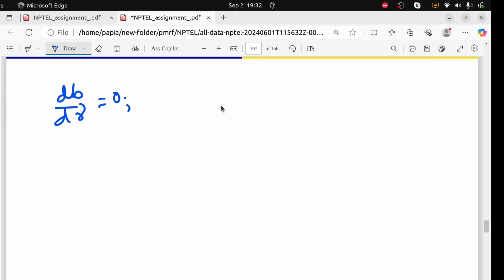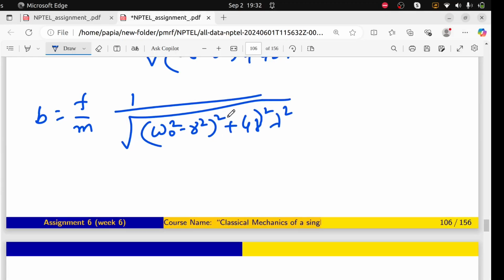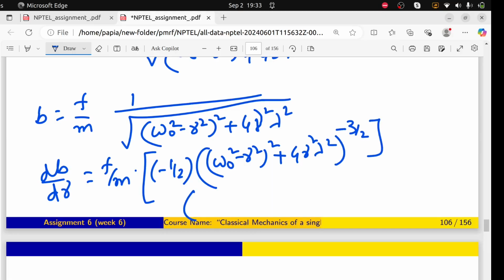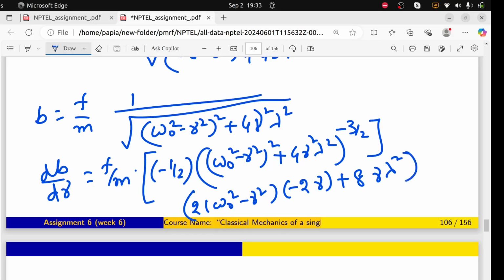You can see here this whole derivative: F by m is there, then minus half omega 0 square minus gamma square whole square plus 4 gamma square lambda square to the power minus 3 by 2, but this is not the only factor, the other is 2 into omega 0 square minus gamma square into minus 2 gamma plus 8 gamma lambda square, and that will be 0.